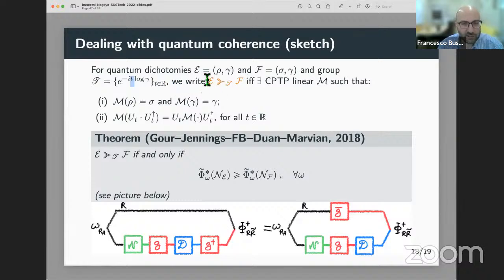So we write that this dichotomy E is completely more informative than F with respect to this group G, or T maybe, this is probably a T because of time, if and only if there exists a CPTP linear map that transforms rho into sigma, keeps gamma invariant, and is covariant for this one-parameter group of time translations.